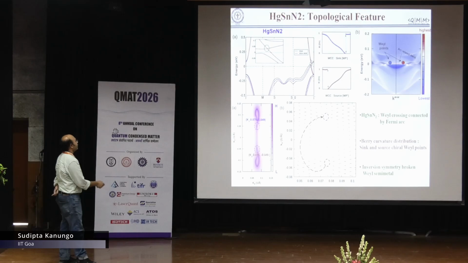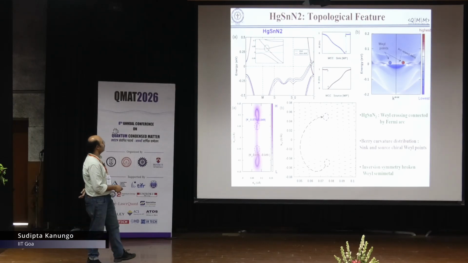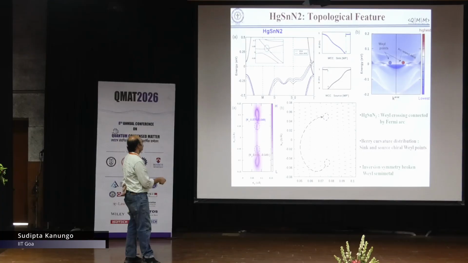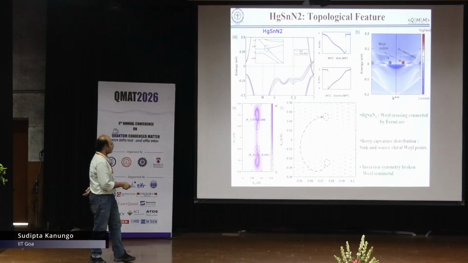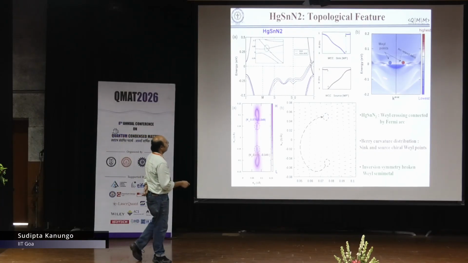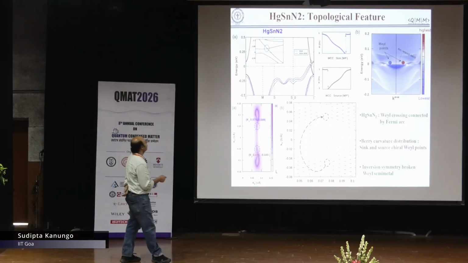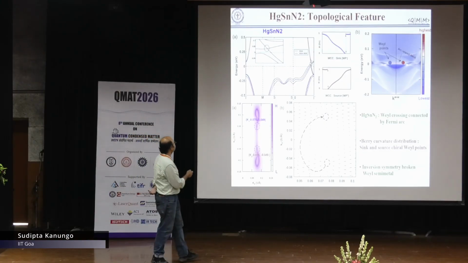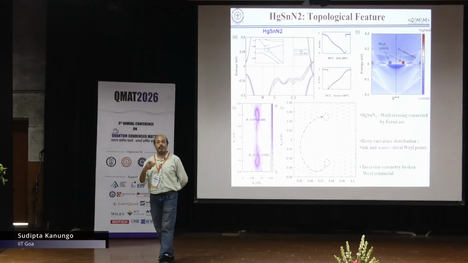Now, if we do the detailed topological investigation of the nitrogen system, we indeed found there is a Weyl crossing, and there are connected Fermi arcs, and the source and sink like the Berry curvature, and also the arc related bands. All these features signify that it is typically an inversion symmetry broken Weyl semi-metal.